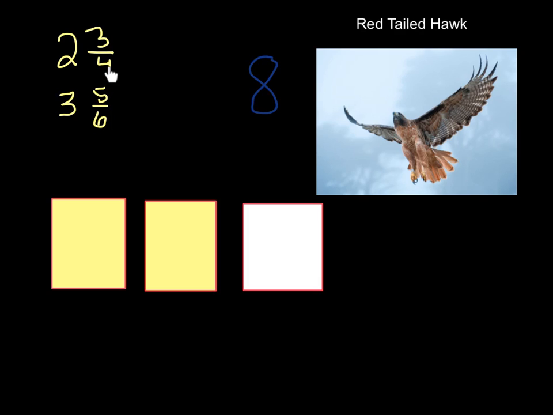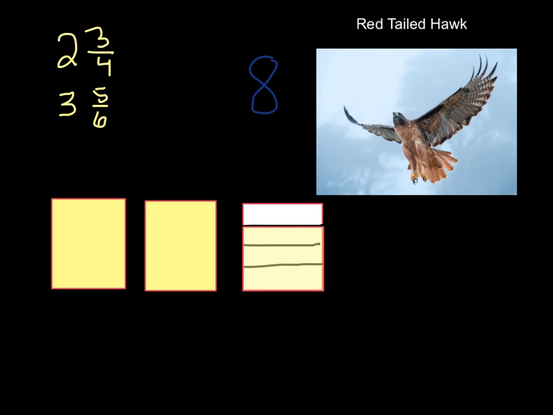Since this is broken into 4 parts, I'm going to draw 3 lines to make 4 boxes. So I'm going to make 1, 2, and 3, and that gives us 1, 2, 3, 4 parts. And he gets 3 out of 4, so I'm going to go ahead and color in 3 out of the 4 of those.